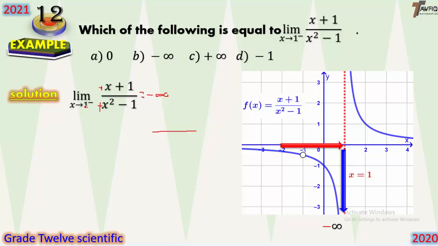Let us take 0, then 0 plus 1 over 0 squared minus 1 is equal to minus 1. Because the result is minus 1, then the answer is minus infinity.